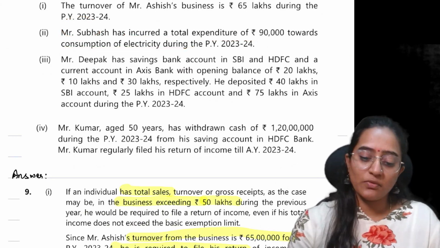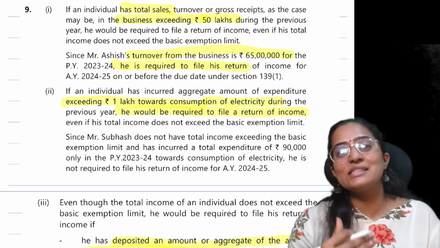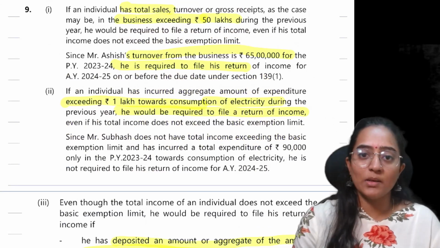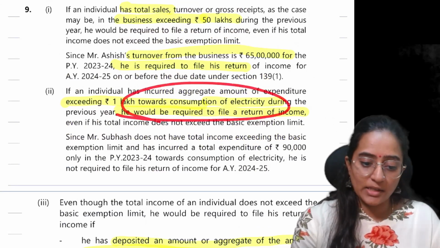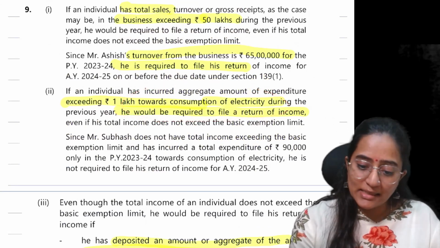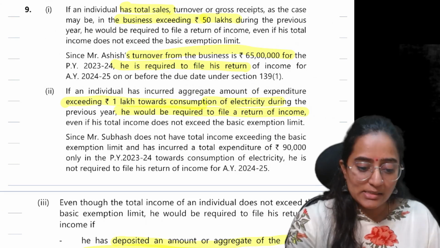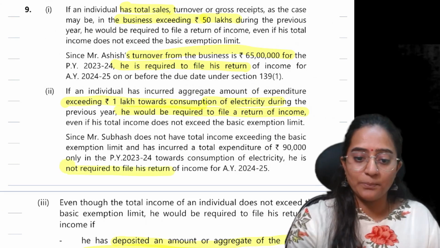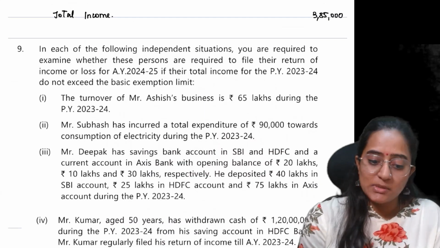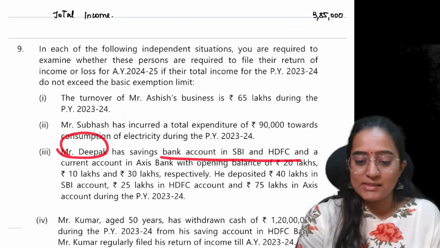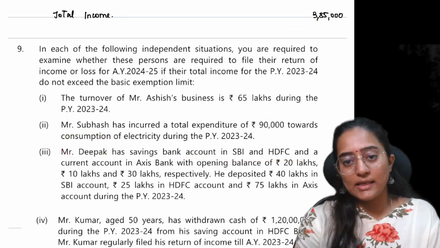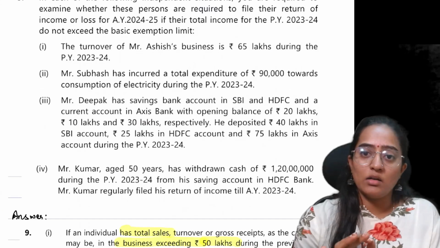If the total expenditure on electricity exceeds 1 lakh rupees, then filing the return of income is mandatory. In this case it doesn't exceed 1 lakh rupees, hence he is not required to file his return of income. Clear?